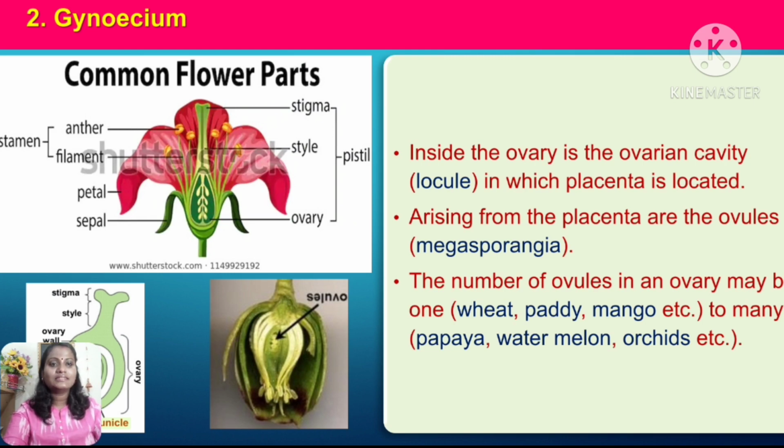But in some plants like papaya, watermelon and orchids, they have many ovules. That's why in wheat, paddy and mango we have only one seed. But what about papaya and watermelon? You will find so many seeds inside, because the ovary consists of more than one ovule.